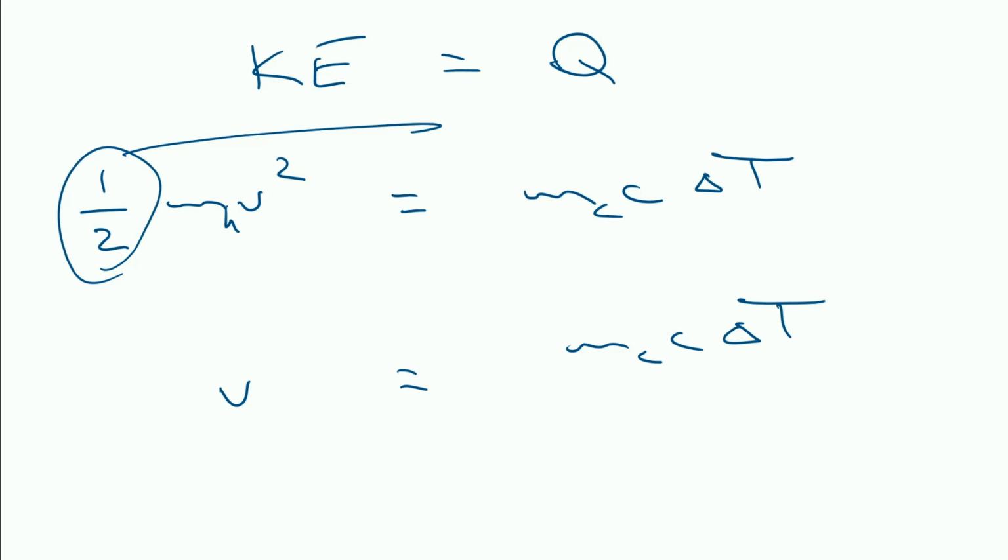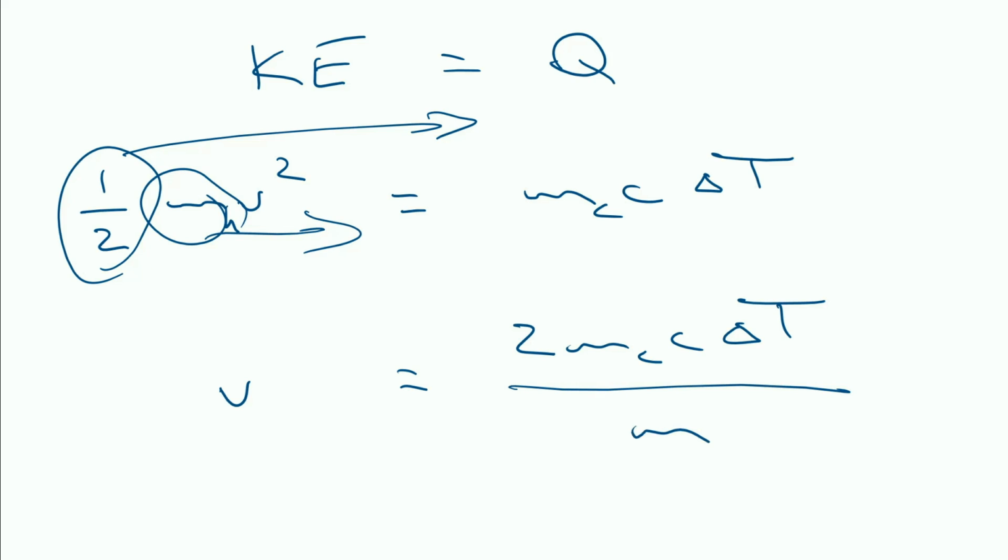I can dump it across the equals, remember, if we do the opposite. On the left, that half is 1 divided by 2. When it's on the right side of the equals, it's going to be times 2. I don't want this mass of the hand here, so dump it across the equals. Of course it was multiplied, so when I dump it across, it's going to be divided by the mass of the hand. That's squared.